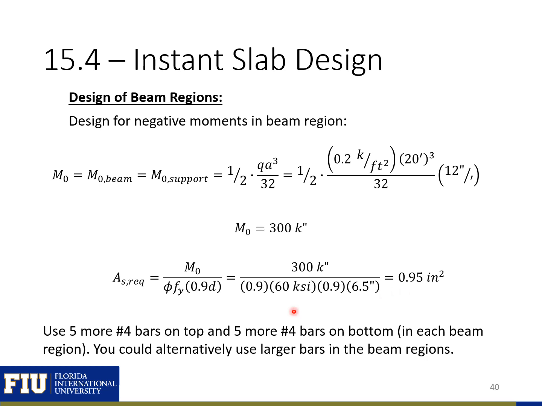So in our beam regions, we're going to need 5 more number 4 bars on top and 5 more number 4 bars on the bottom in each of our beam regions. We could use larger bar sizes if we wanted and use fewer of them, but just because we're using number 4s in the rest of the slab, we'll go ahead and use number 4s in the beam region as well.